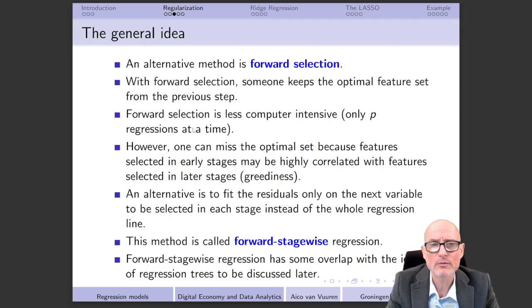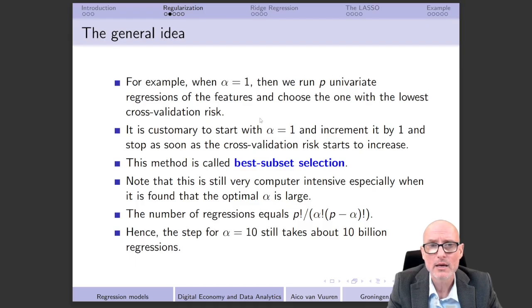But take into account that there is an important drawback with respect to forward selection in comparison to best subset selection. Even though you're not going to run all the potential regressions, best subset selection will generally always give you the best regression that there is among all the potential regressions.